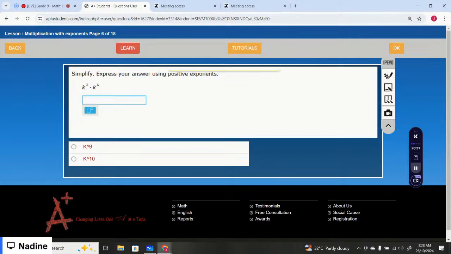Simplify K exponent 3 times K exponent 6. K exponent 9 is the correct option.